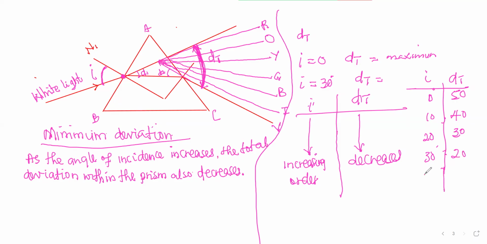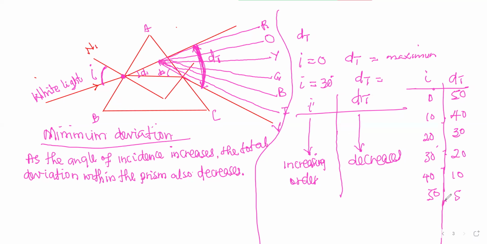When this is 40, this will be 10. When this is 50, this will be maybe 5. So as I increases, the total deviation decreases. But this decrease happens until a certain value, and then from there it begins to increase.